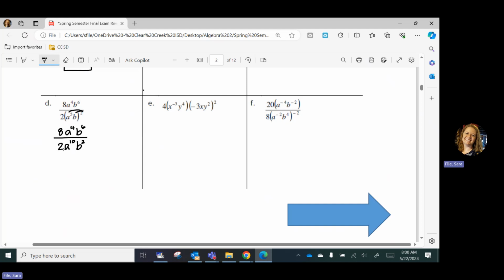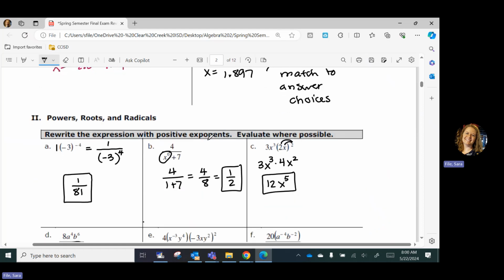Okay, now when you're dividing, obviously, divide the coefficients. So 8 divided by 2 is 4. And you subtract the exponents of the like base terms. So 4 minus 10 is -6. But I don't want to have a negative. It said to write my answer with positive exponents.